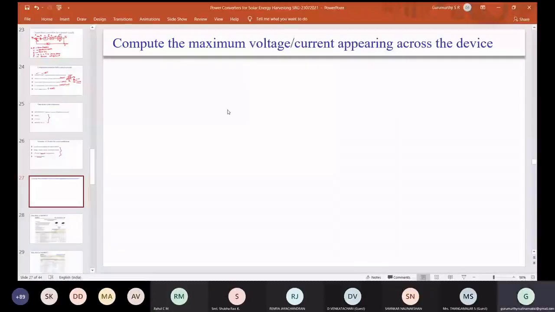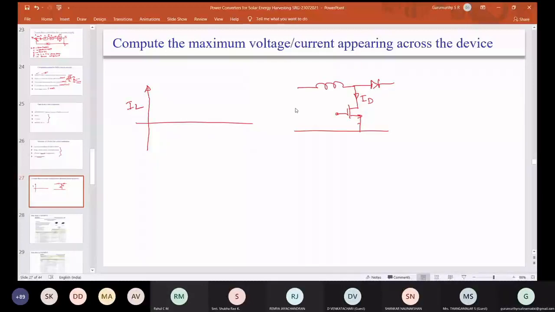Now we have to select the inductor, then a MOSFET, let us say. So this is the current ID. You just recall whatever we have discussed in the earlier slide. The current in the inductor is IL. So the current in the inductor goes like this.